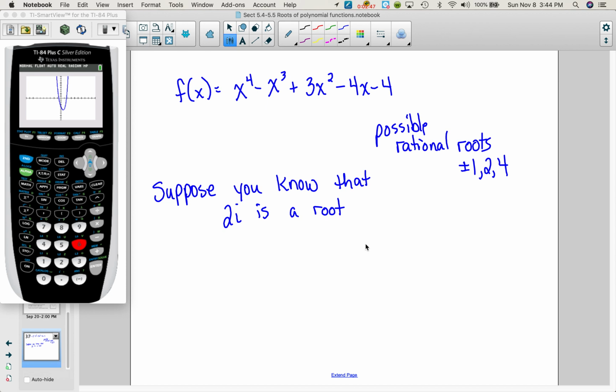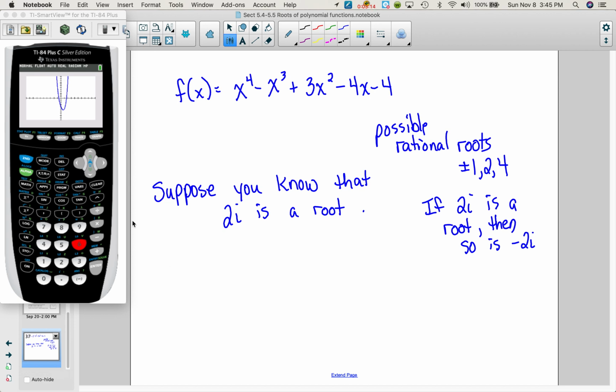Now, remember that complex numbers always came in pairs. So if 2i is a root, then so is -2i. We always ended up with plus or minus whenever we had a situation like that. So we know that if 2i is a root, then -2i is also a root.